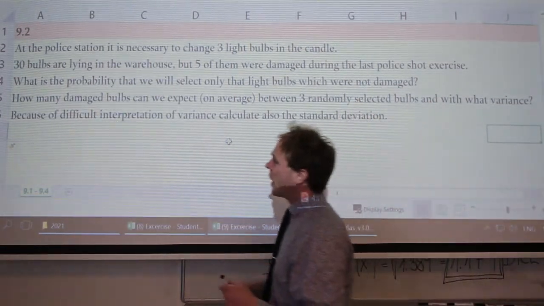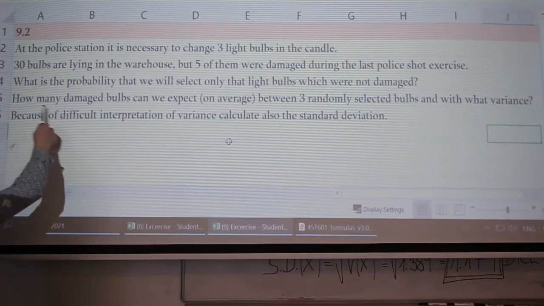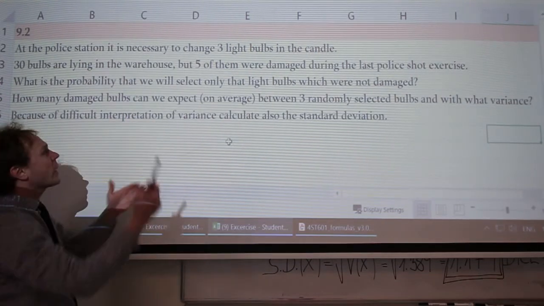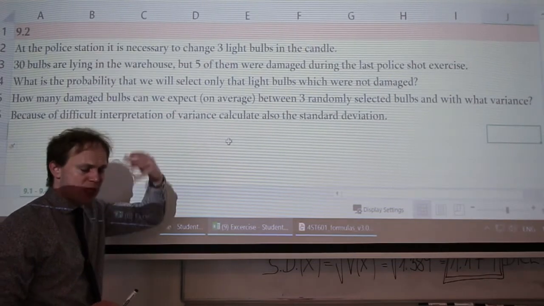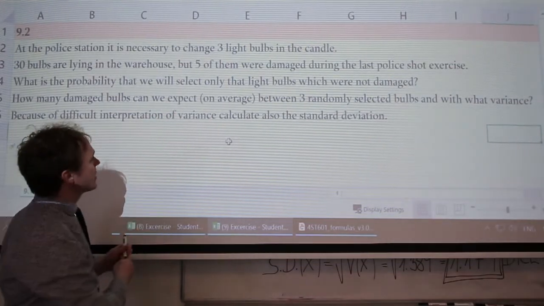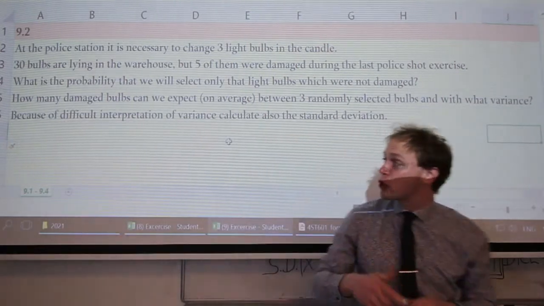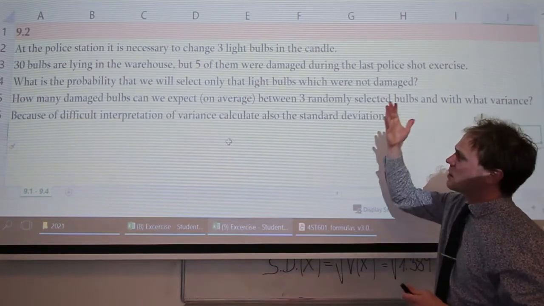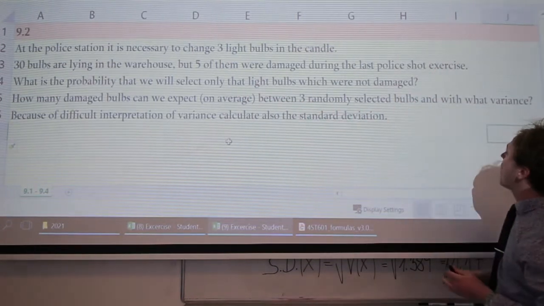And again, we'll calculate the expected value and the variance. How many damaged bulbs can we expect? Every time you see the word expect or expected, it's necessary to calculate the expected value, the mean, the average number of selected damaged light bulbs among 3 randomly selected bulbs.